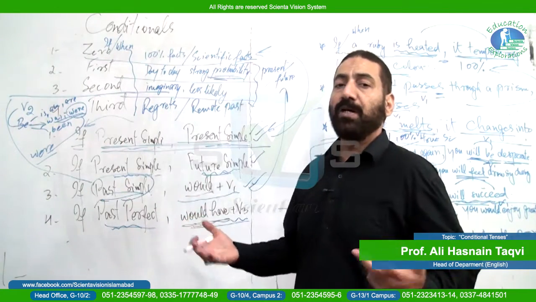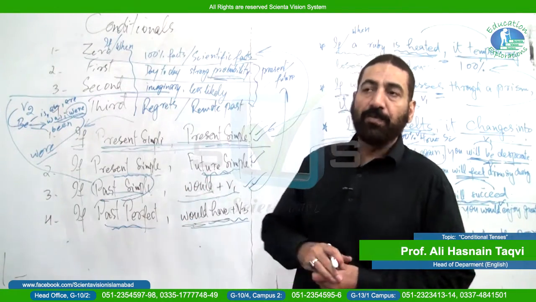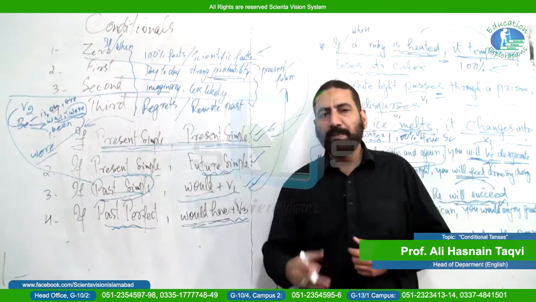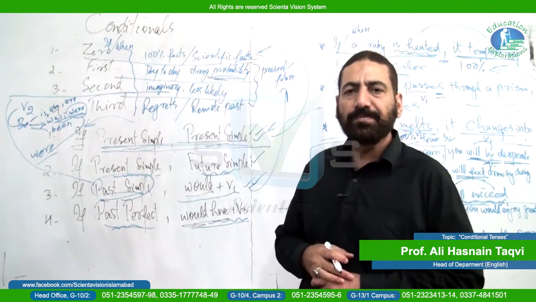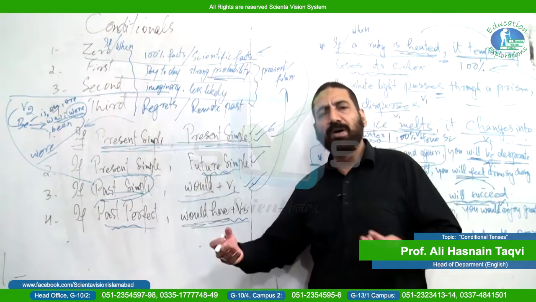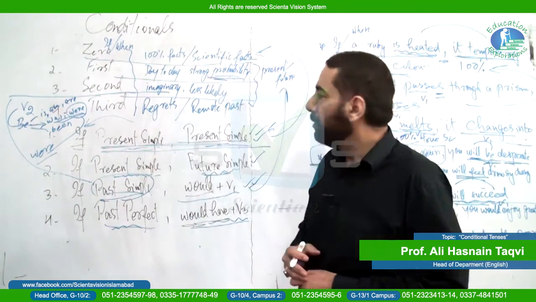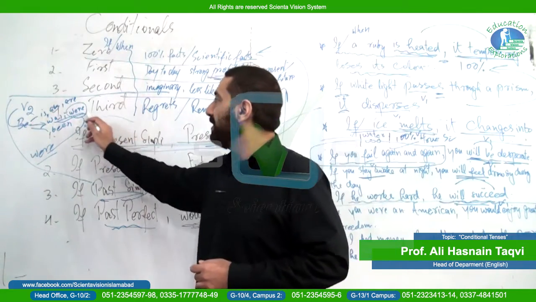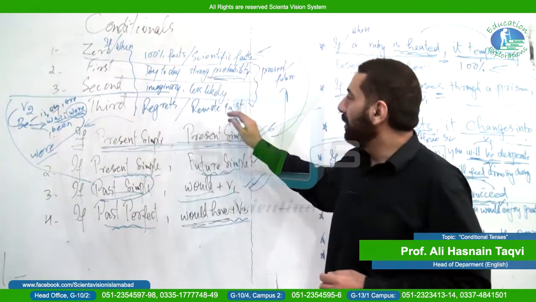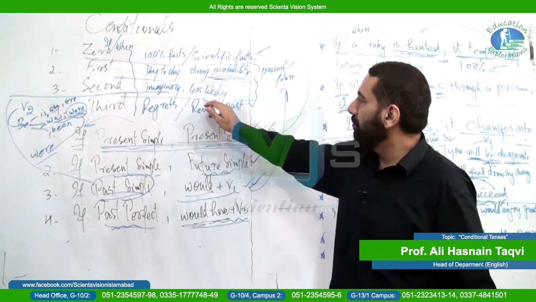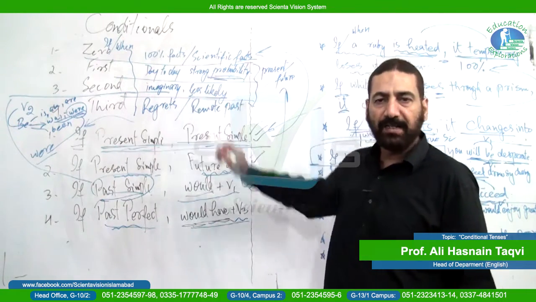Like, if I were a bird, I would fly. If I were a billionaire, I would spend my money on the needy. If I were in Kalashakaku, I would do farming. So what am I doing? I am imagining things. There is less likelihood of that act.